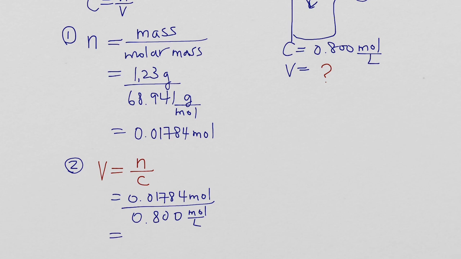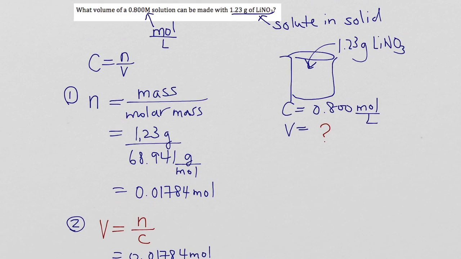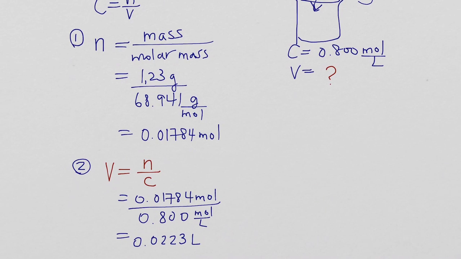That is going to give us 0.0223 liters. That's 3 significant digits, so we have 3 significant digits.